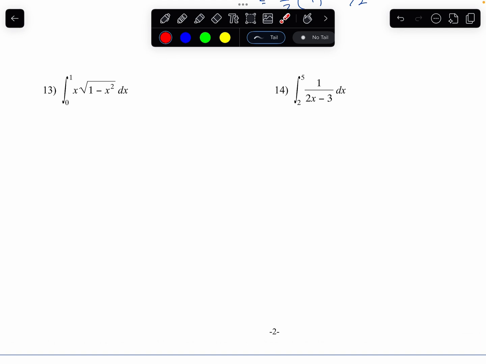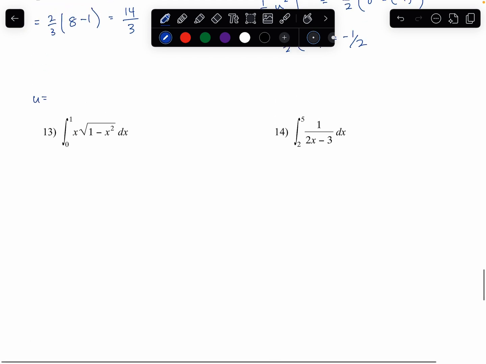So here I do have a product, and I do see that the inside derivative, which would be -2x, could cancel that x right there. So let's allow u to be equal to 1 minus x squared, and that would make du dx equal to -2x, and dx would be equal to du over -2x.